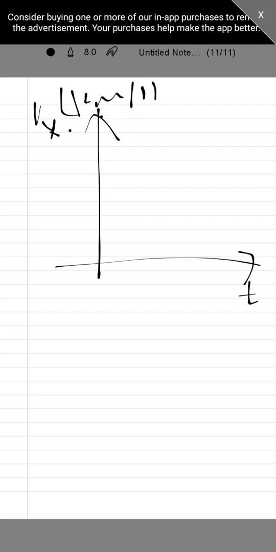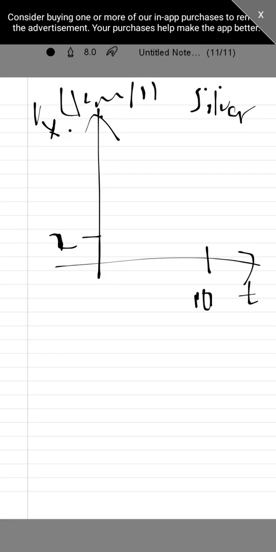So the initial velocity, talking about the silver rocket, was 2 kilometers per second, and then it took 10 seconds for it to overtake the black one, or the time that has elapsed.